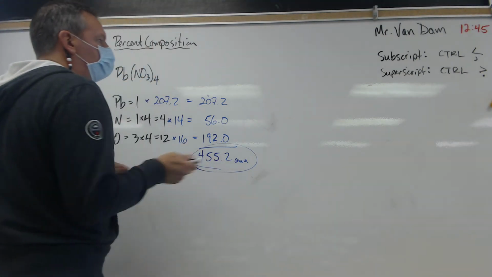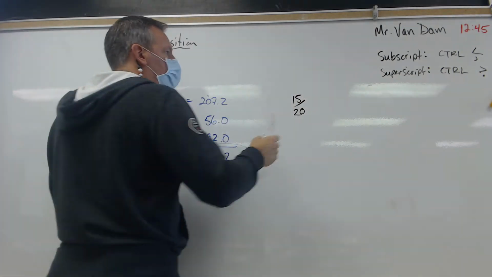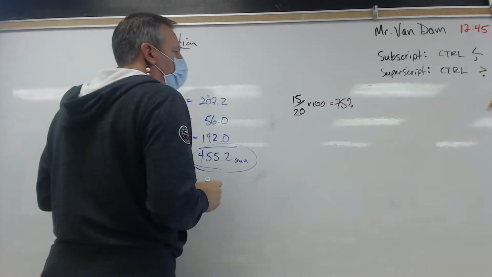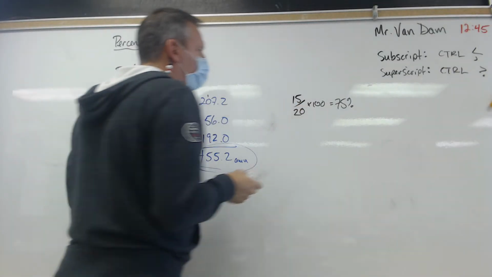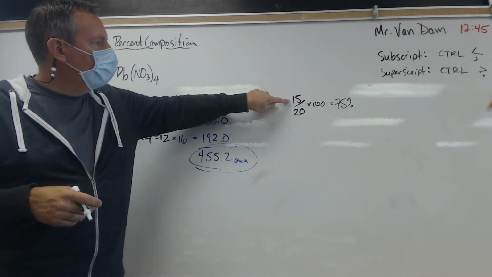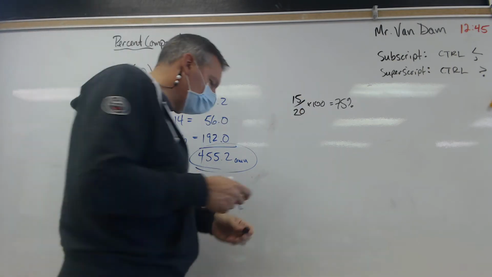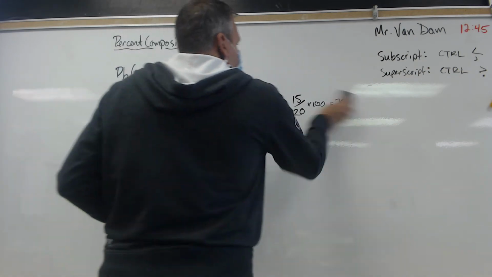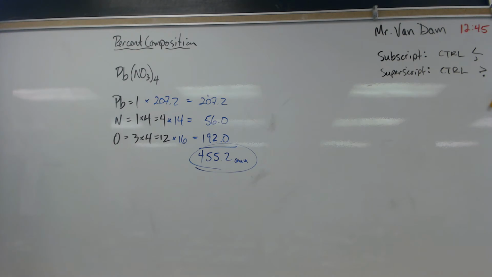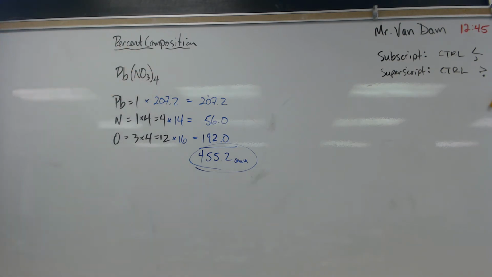Okay, so if you got 15 out of 20 on a test, you know that that's 75%. Obviously, if you got 20 out of 20, that would be 100%. So when you do percentages, you're thinking about the part out of the whole. And that's always what we're thinking of. So what if we wanted to find the percent of lead? What percentage of this compound is lead by mass?